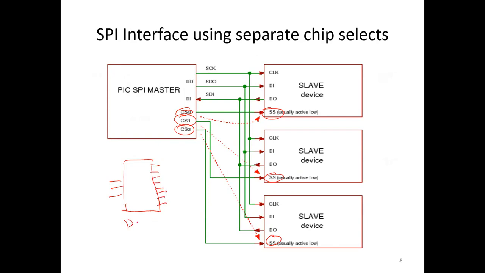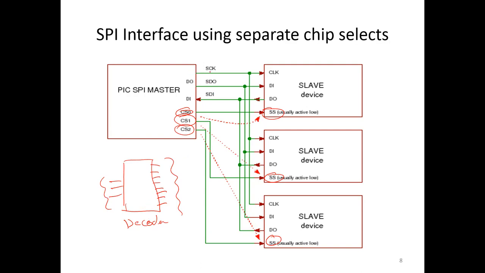If we use this decoder, we will be able to connect 8 slaves by using 3 chip selects. If you have more, we can use a 4 to 16 decoder, etc.